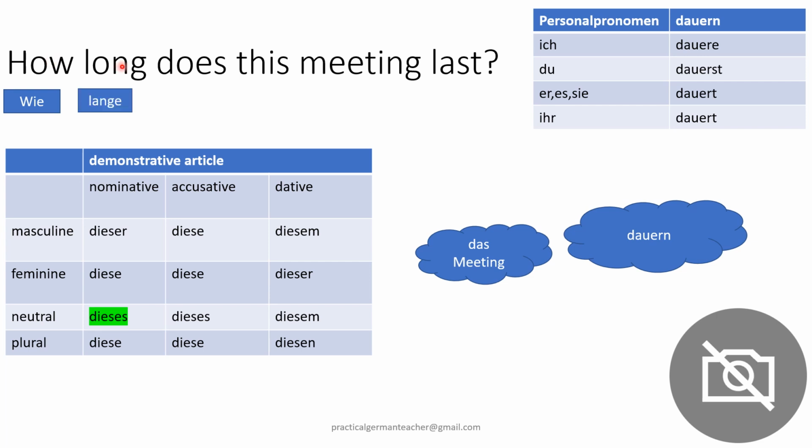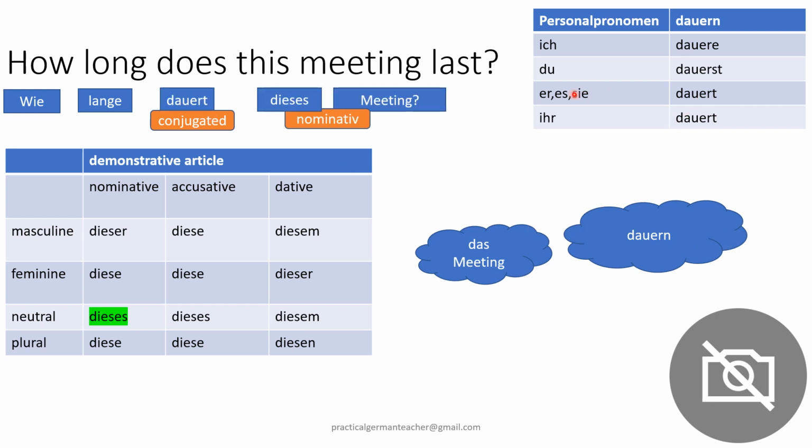Long is lange, so wie lange. You have to use the verb dauern conjugated for third person, dauert. So wie lange dauert dieses Meeting? Meeting is in nominative case, so you use dieses. If you decide to use Besprechung instead, it's feminine, so wie lange dauert diese Besprechung?